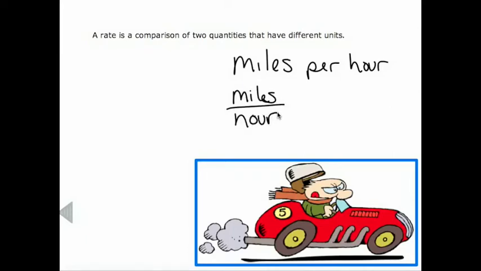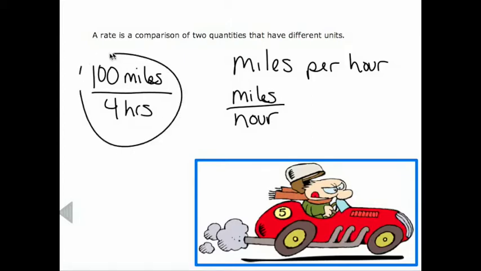So for instance, for this car here, let's say it had traveled 100 miles in 4 hours. If we reduce this, because again, this is like a fraction, we can say 100 over 4, and make an equivalent fraction over 1.